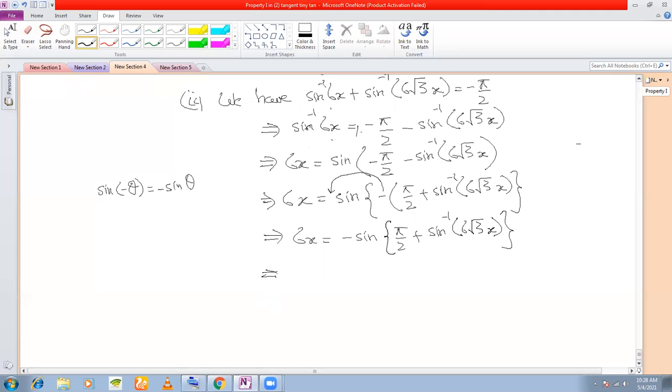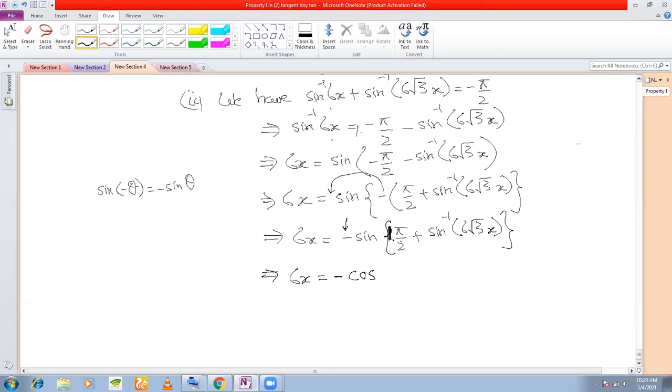Okay, so 6x is equal to, now you see here you have a pi by 2. That means 1 into pi by 2, an odd multiple. The sine will obviously change to a cos. Now in which quadrant is this? This is in the second quadrant, right? And in the second quadrant, sine is positive. So cos will be positive. But because here you have a negative sign, this negative sign will remain as it is. The sine here will change to cos because this is an odd multiple.